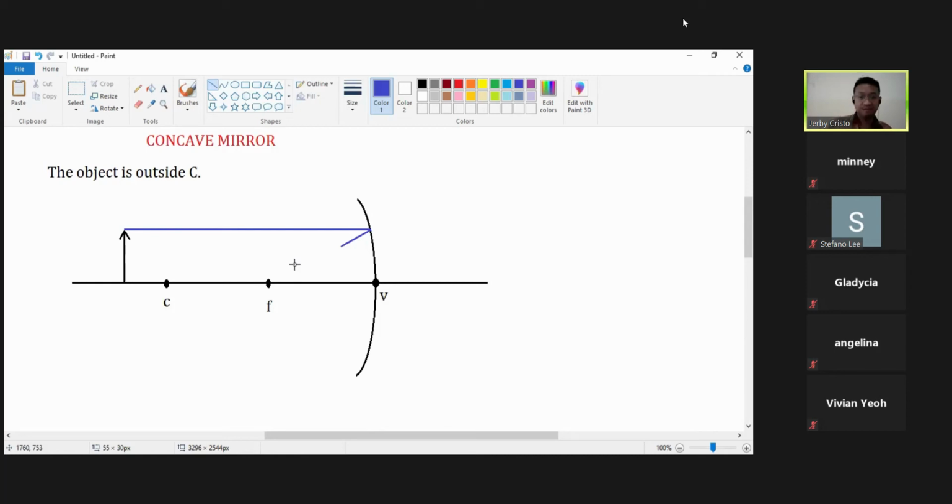Now for the second set, it's still starting from the head of the object, and then it will be passing through the focus and striking the reflecting surface. That's the second incident ray, and then the reflected ray will bounce and become parallel to the principal axis.